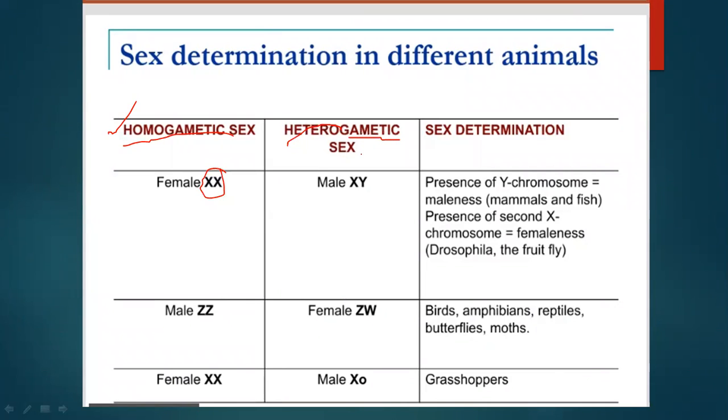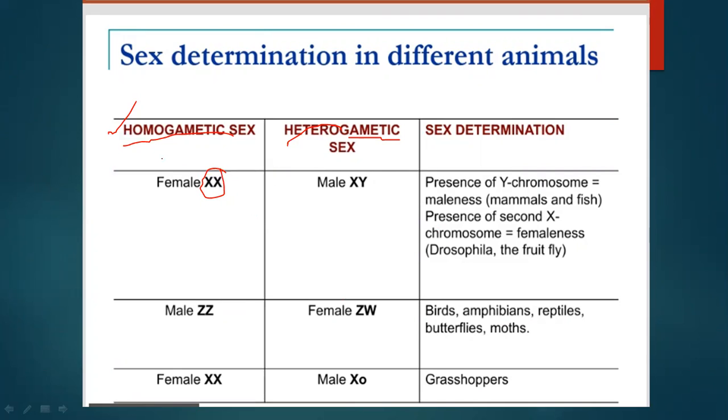Heterogametic, like in male, usually X and Y chromosomes are there, so that is said to be heterogametic, and homogametic is like female, which has two same XX chromosomes.